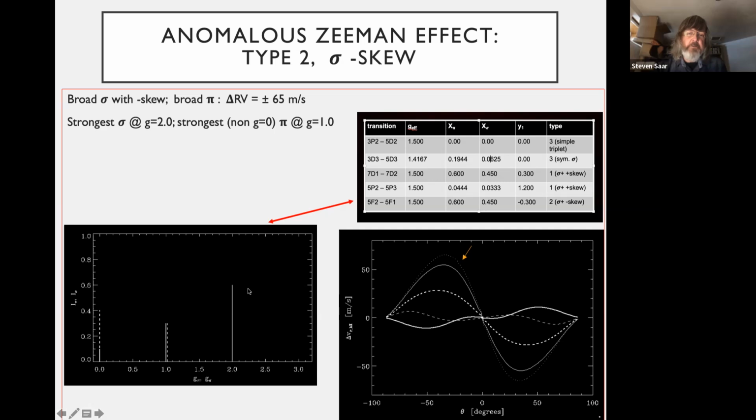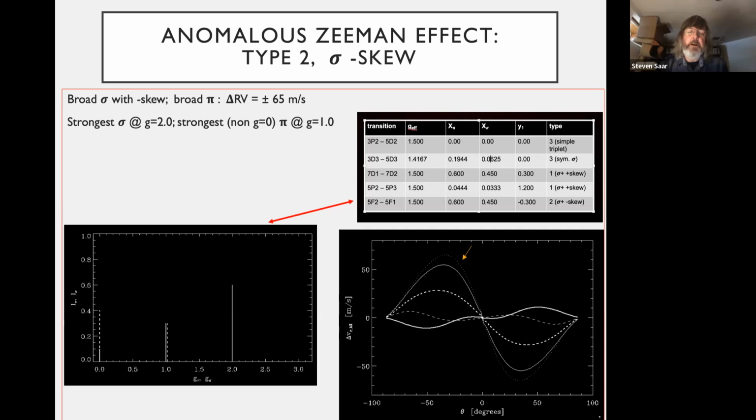And that's because, or at least I think it's because, even though G effective is 1.5, the strongest sigma component is out here at G of 2. I suspect that when you do a Gaussian fit, or however you want to measure the RV for a particular line, it's going to key in on where the deformation of the line is strongest.